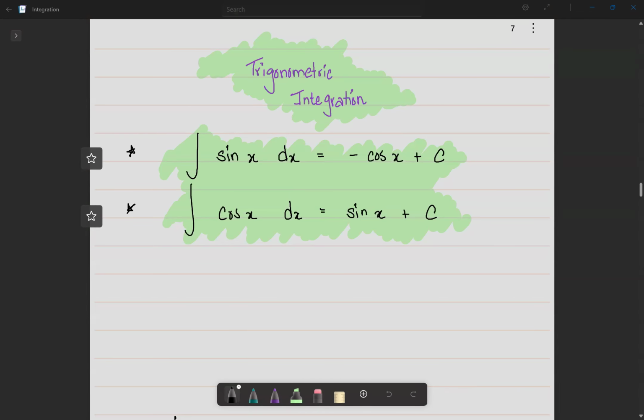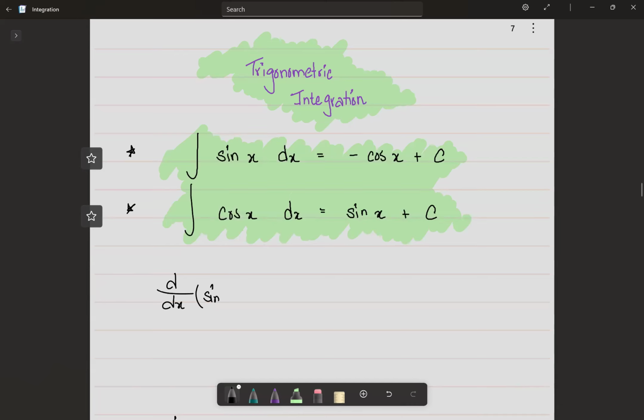As we have seen earlier, integration is the opposite of differentiation, and we know the formulas for differentiating trigonometric functions are as follows.